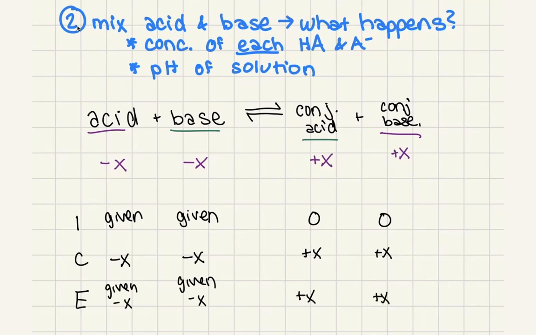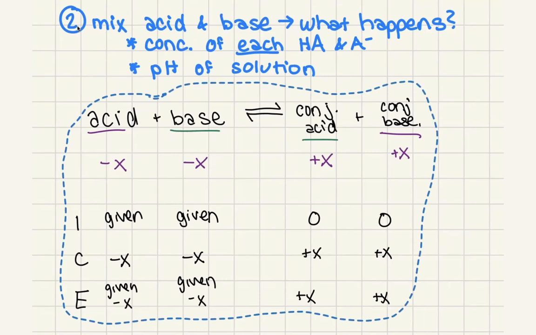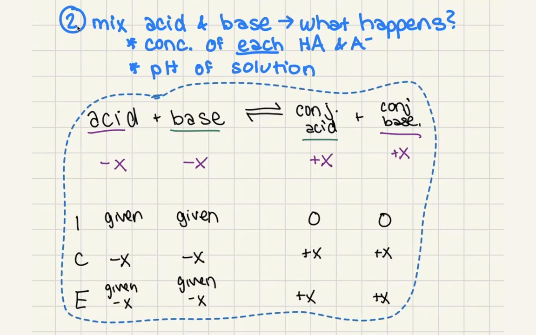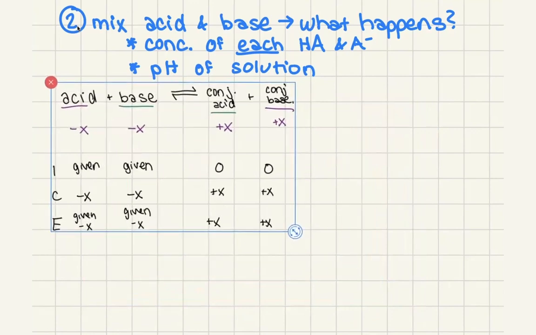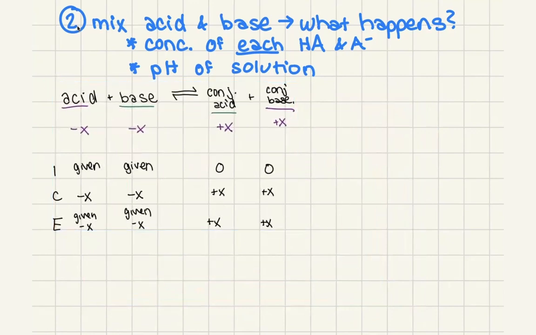Now remember that if we have something that is at equilibrium, we can write an equilibrium equation, a Keq equation. And more specifically, if we have an acid dissociation reaction, then we can write a Ka equation.